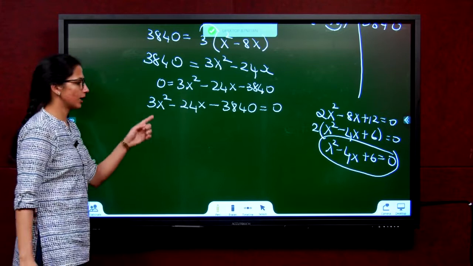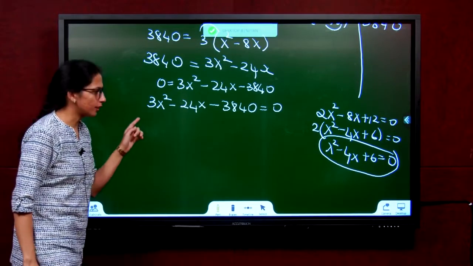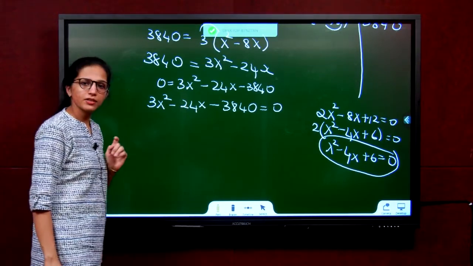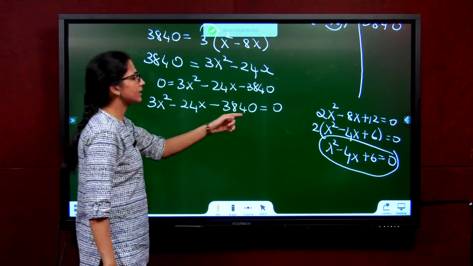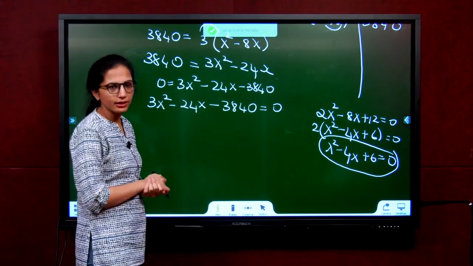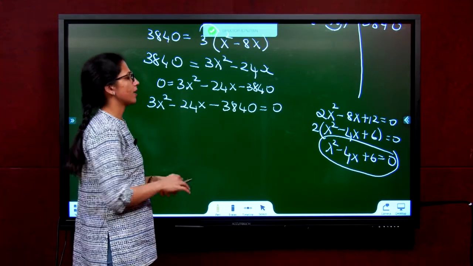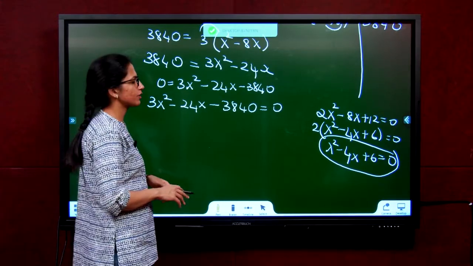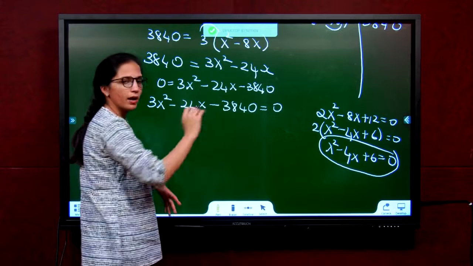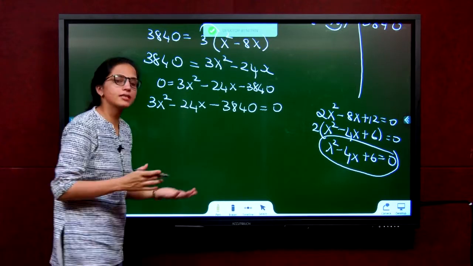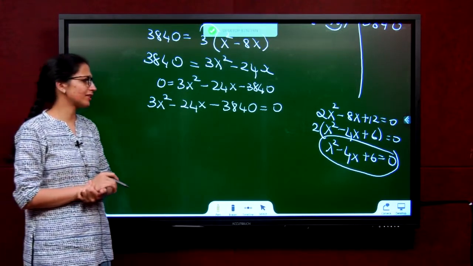So now we have to check whether I can take 3 common. 24, is it divisible by 3? Yes. Is 3840 divisible by 3? How do we check whether 3840 is divisible by 3? Try to divide and check, or we use the divisibility rule. What is the divisibility rule?